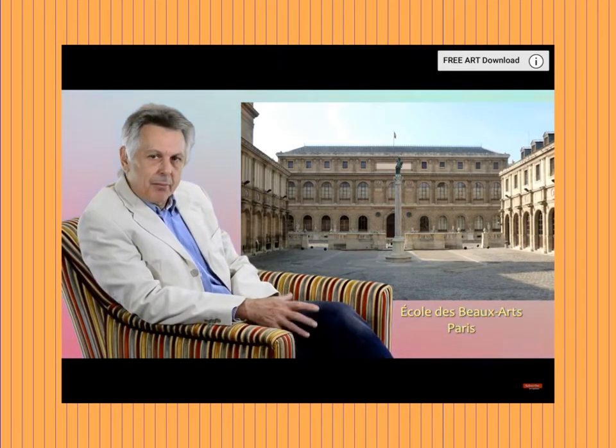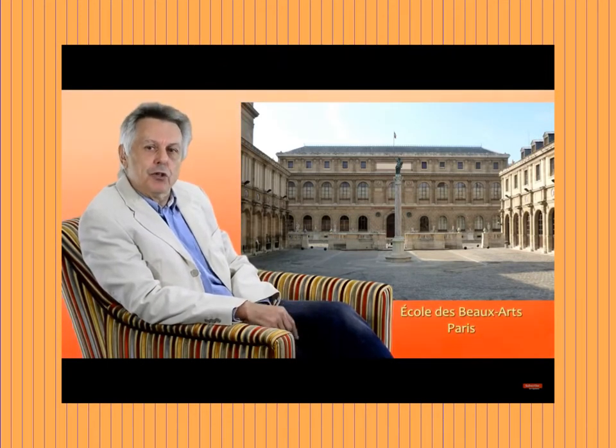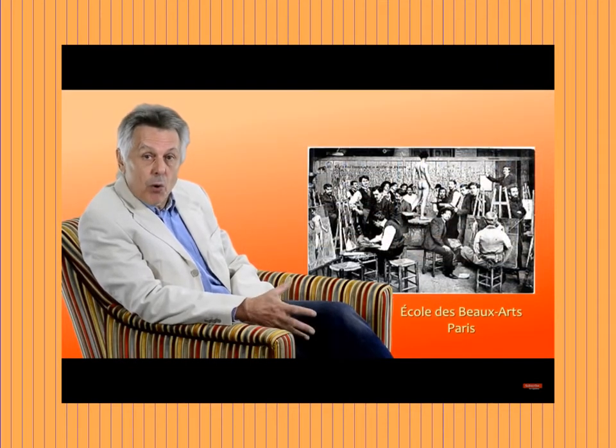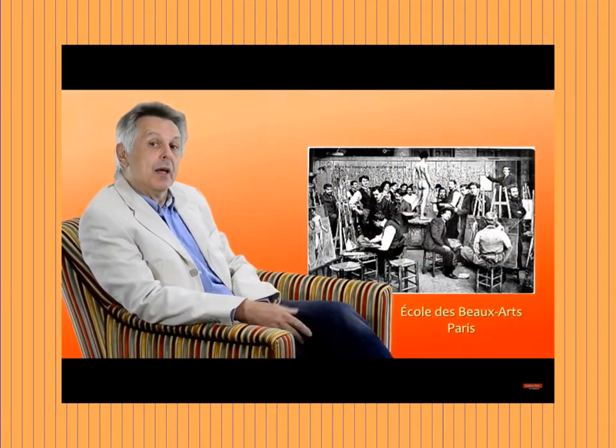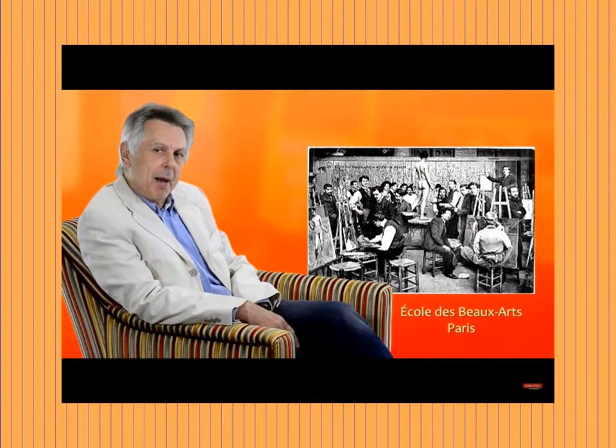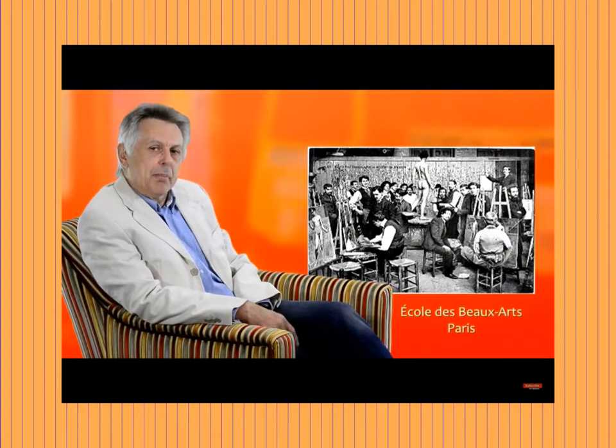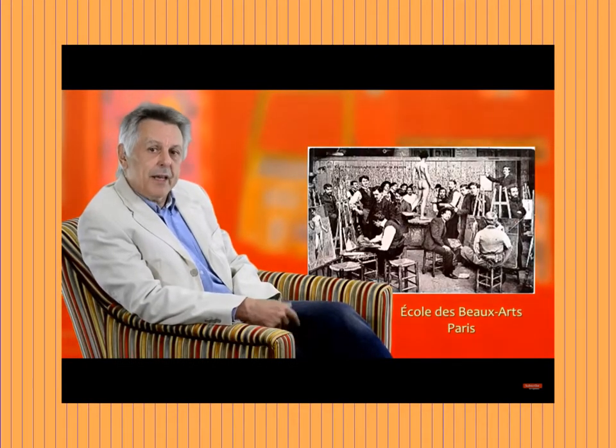He did this for a number of weeks, and eventually one of the tutors, an artist called Gustave Moreau, invited him into his classes and he sat at the back. But in 1894, he applied to the École des Beaux-Arts again and again failed. He eventually succeeded in 1895 at the age of 26.